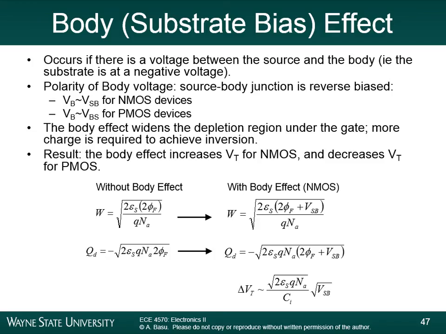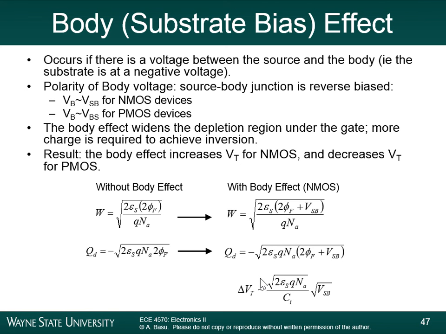That's relatively straightforward; you just do two separate calculations. This relation just shows that the threshold voltage increases as the square root of the source to body voltage. So the body effect would increase the threshold voltage for an NMOS device, and decrease it for a PMOS device.